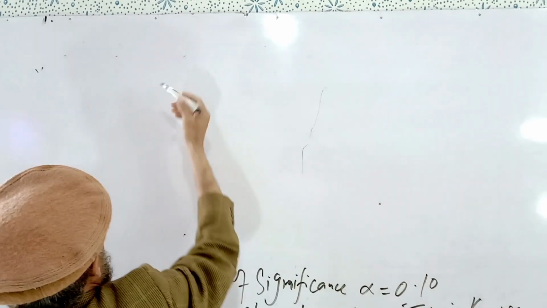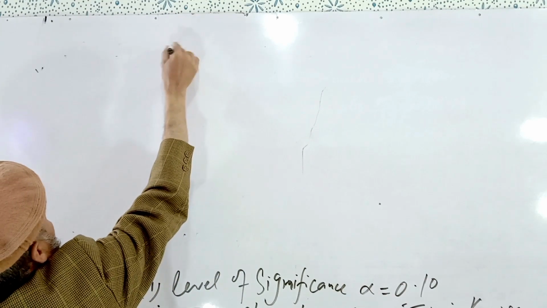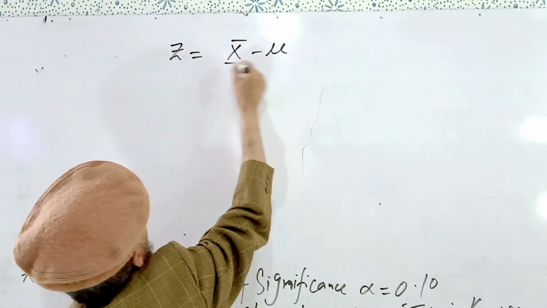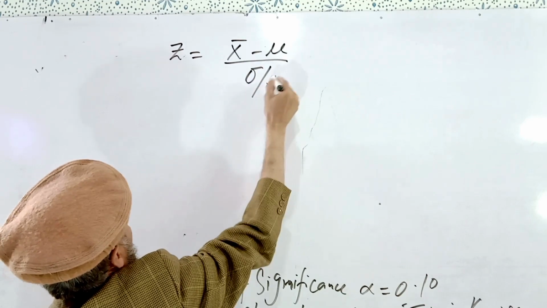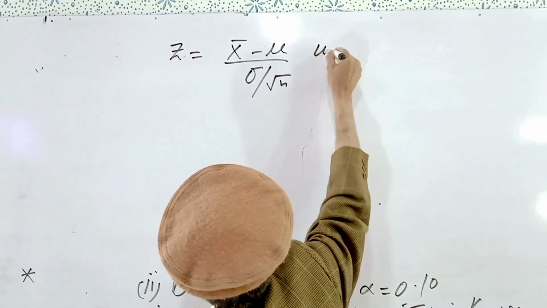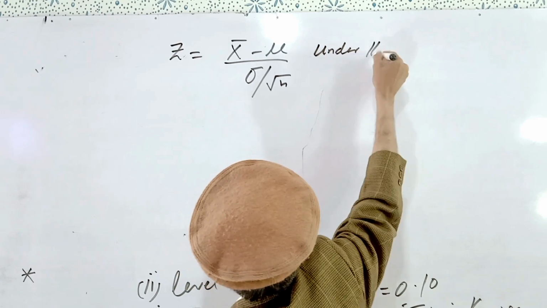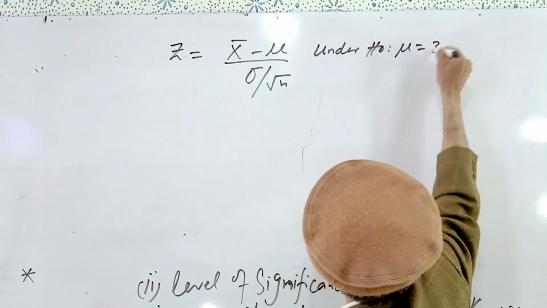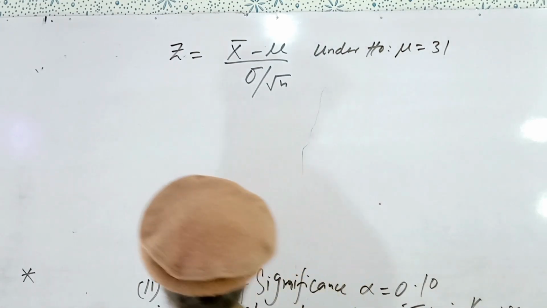Z is equal to x bar minus mu divided by sigma over root n, under H naught, where mean is equal to 31.